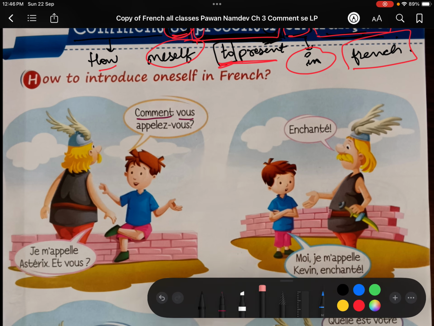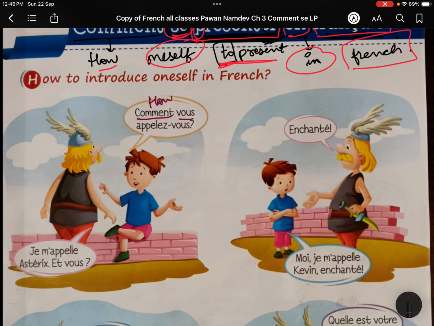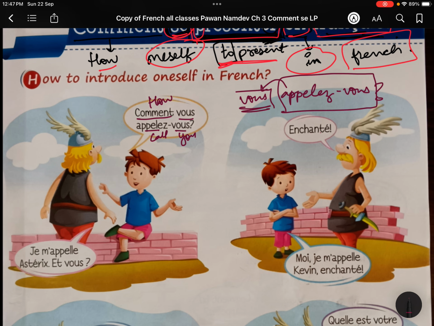Now let's check the meaning one by one with every word. Comment is how, appeler is call, vous means you. This vous is coming before the verb, and it is a question word.